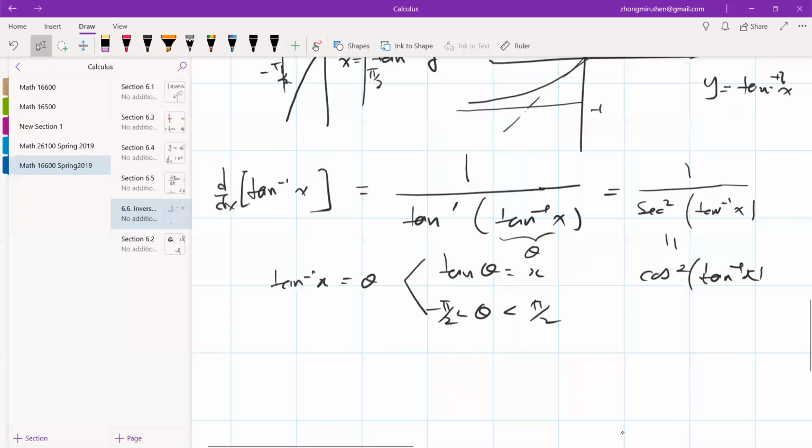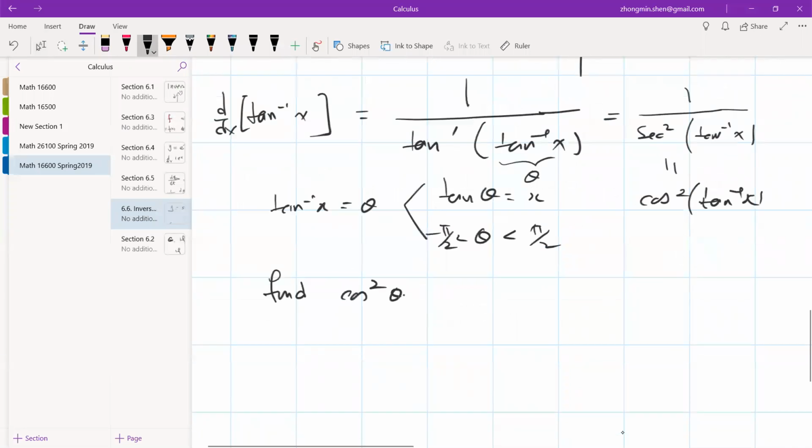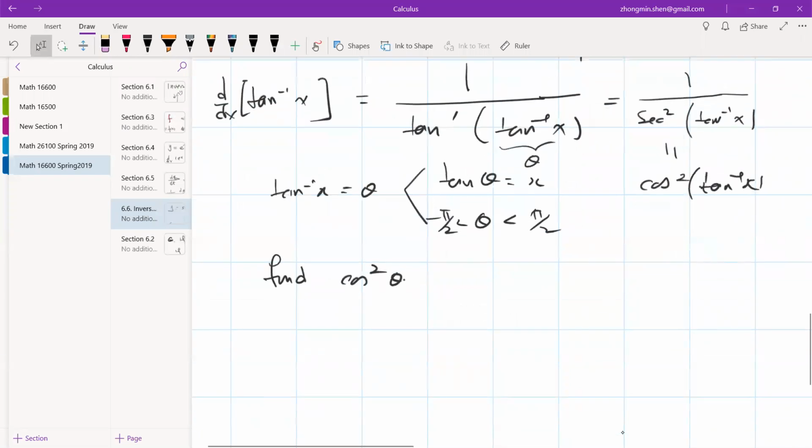So we are given arctangent x, which is theta. We want to find out cosine squared theta. Right? This is going to be theta. Okay. How is cosine theta related to sine theta? I think 1 plus tangent squared theta is going to be 1 over cosine squared theta. Guys, that's a relationship.